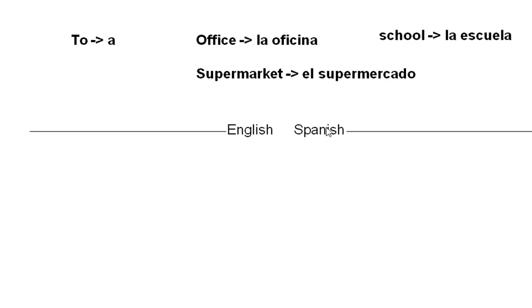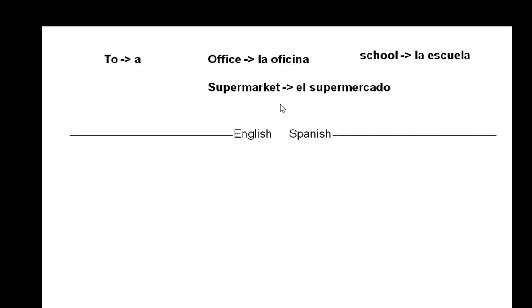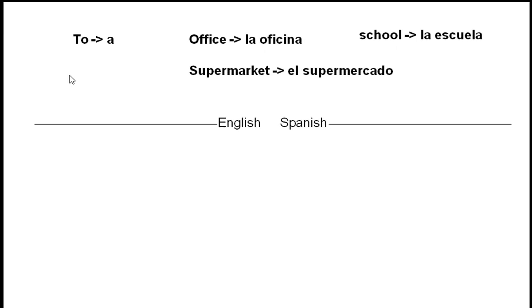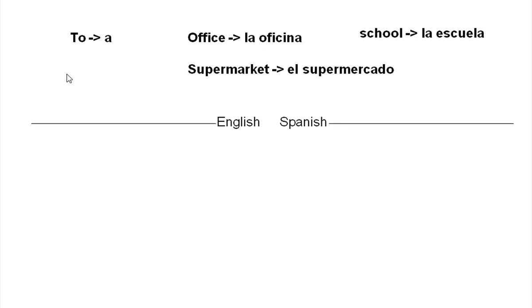Alright, so we will again have some new words to learn over here, and then we'll go through a few more sentences. So first one over here to the left, to. In English we have this preposition to, and in Spanish we have a for it, a. For office we have oficina, and this la indicates the, la oficina, which means the office.